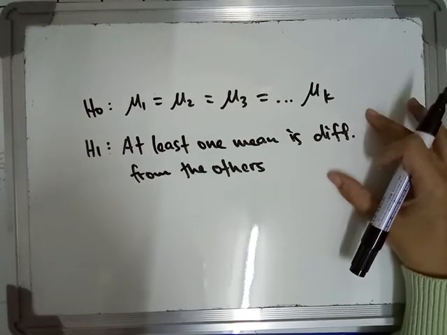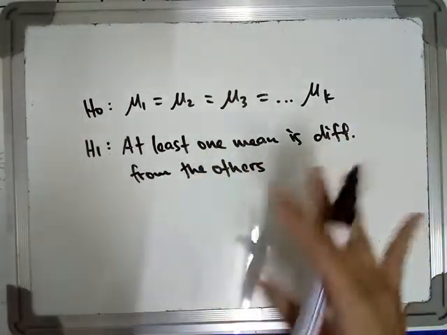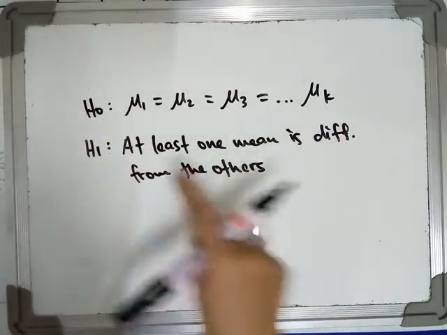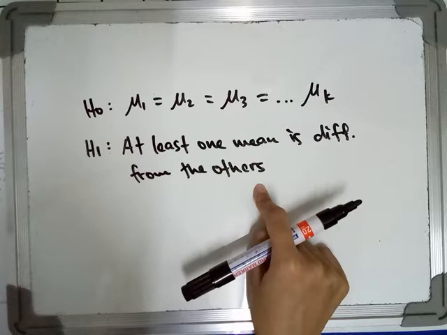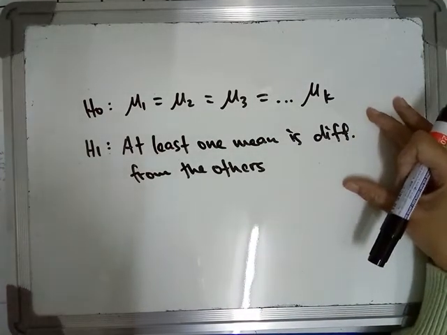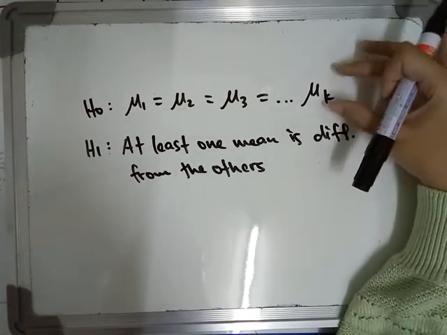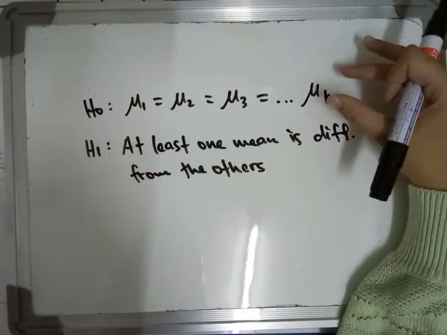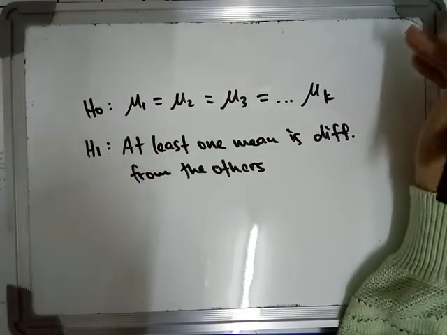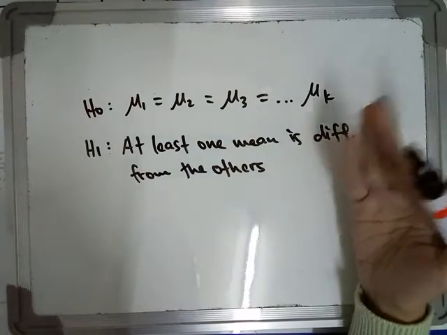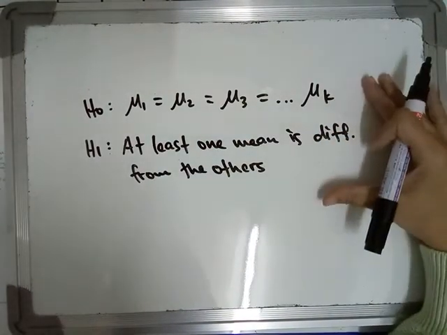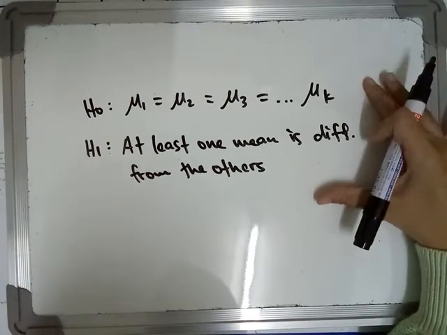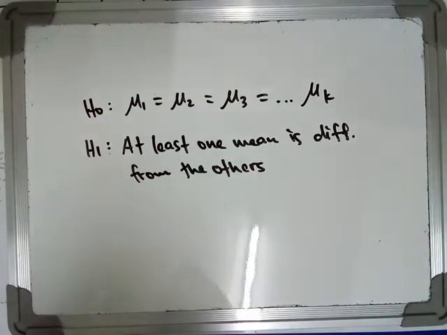You must remember this: it does not have more than or less than. It is fixed: at least one mean is different from the others. For H-naught, refer to the number of samples. If we have 3 or 4 samples, then you need to state until the number of samples. So this is the notation for H-naught and H1. This is the first step, state H-naught and H1.